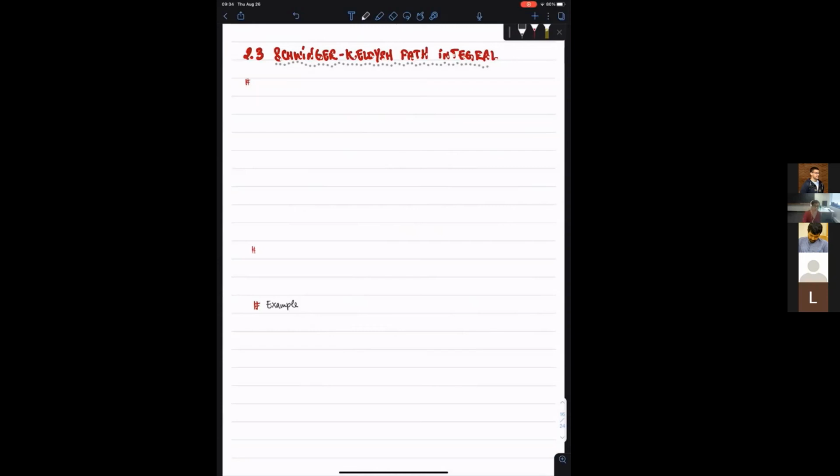And for that, we can say that they can be derived from a Schwinger-Keldysh path integral.